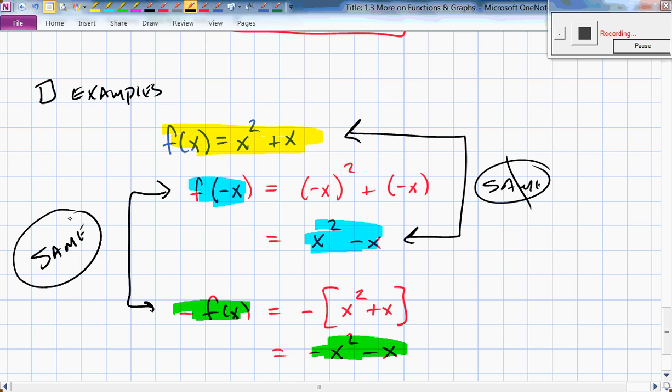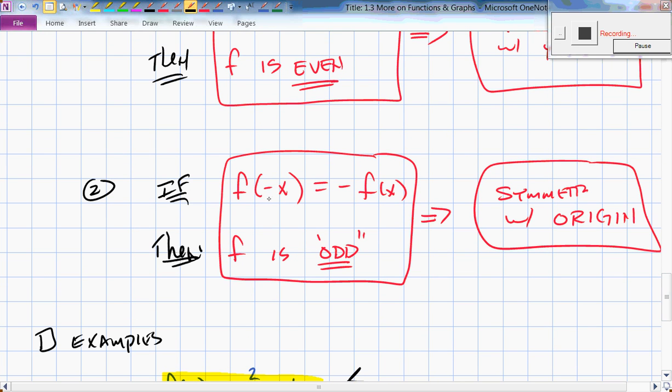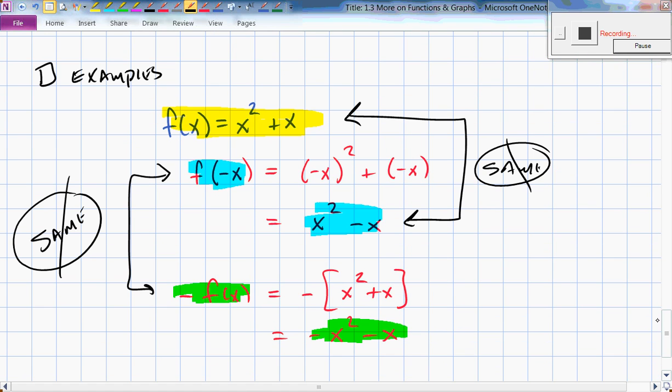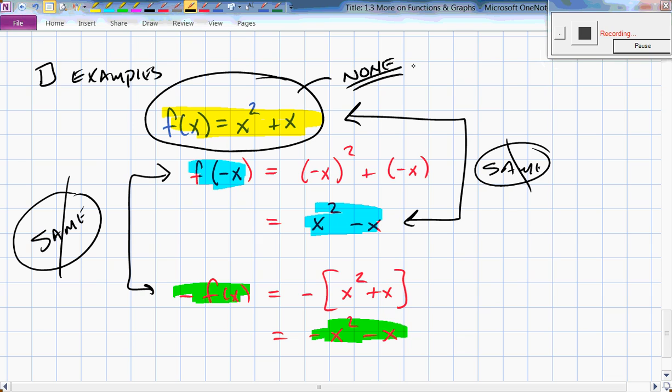No, those are definitely not the same either. So it can't be the case that f of negative x is equal to negative f of x. Therefore, this particular function right here is neither odd nor even. It's none. So therefore, this implies there is no symmetry.